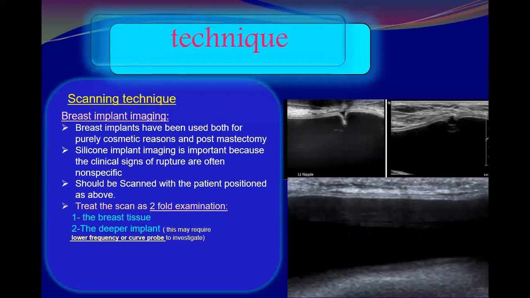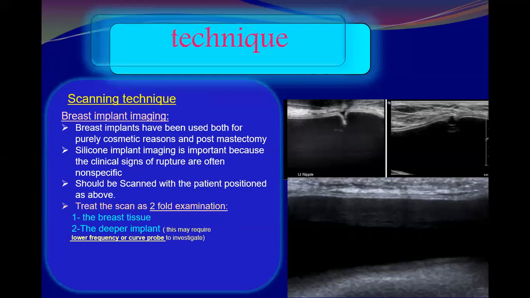However, we have to remember that we have a twofold examination. We first have to think about the breast examination, or examination of the breast tissue. We scan the breast as if there is no implant. We try to scan what we have seen from the breast tissue, and complete the whole study looking at the breast.